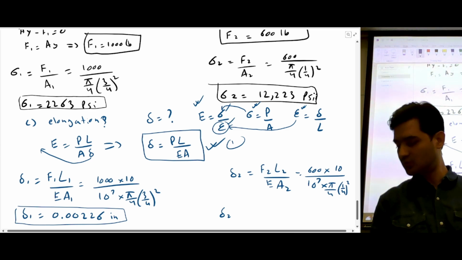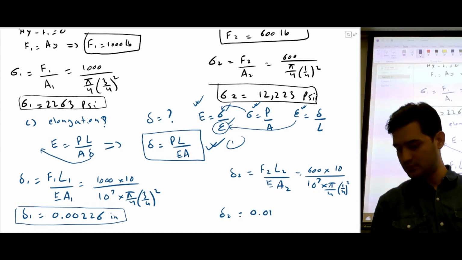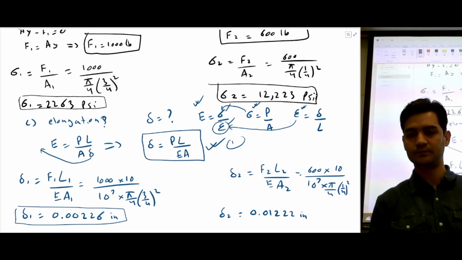And for delta 2 is equal to 0.01222 inches.